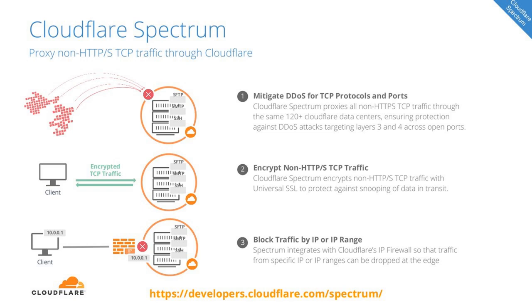So we've opened up all TCP ports except for 21 and port 80. So if you wanted to put any Apple ports through us, SMTP, SFTP, SSH, anything like that, you can go ahead and set that up. And you can put encryption on top of that. And then additionally, if you wanted to, get your DDoS mitigation and IP firewall blocking, you can set that up as well.